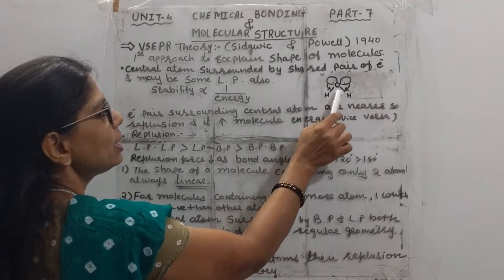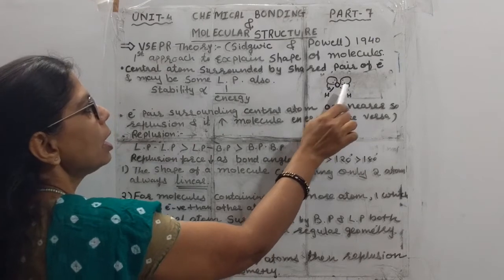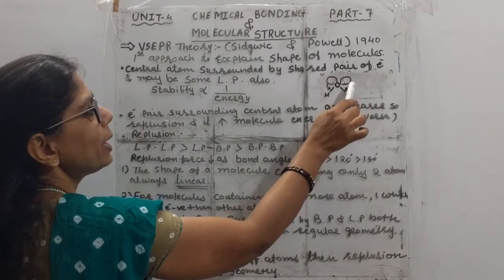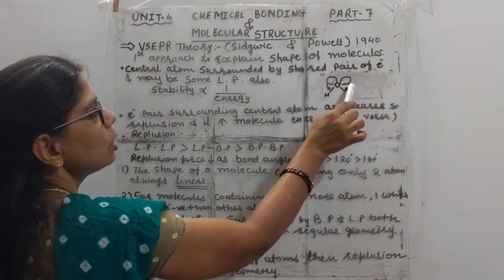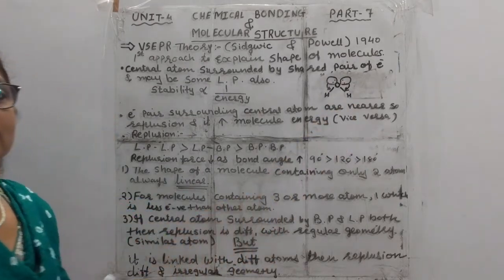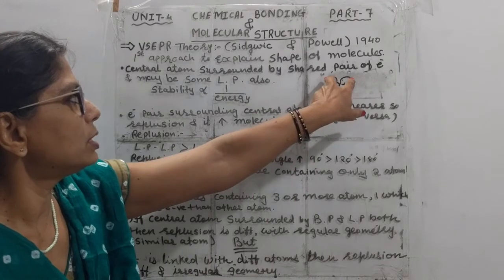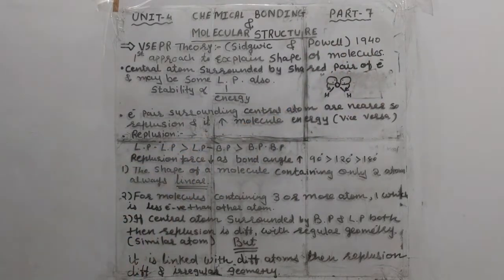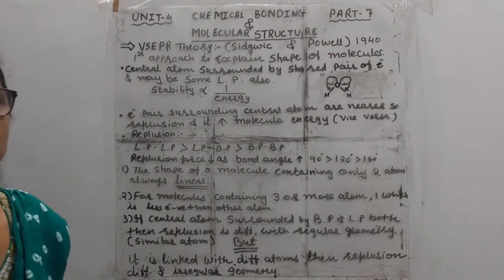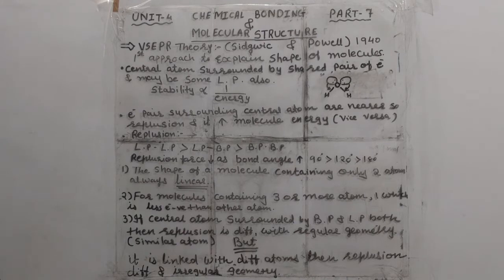So here there is less chance for the repulsion, and lone pair and bond pair is also having a little less chance for the repulsion, but maximum repulsion is between these two lone pairs. So that is the third postulate for VSEPR theory, student.